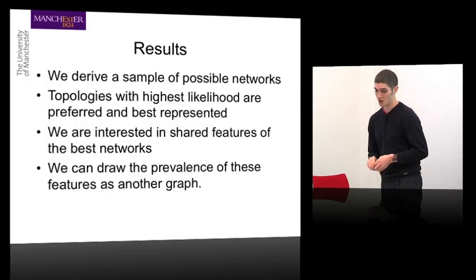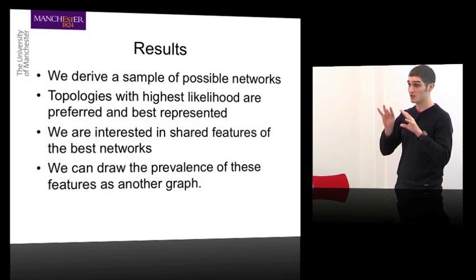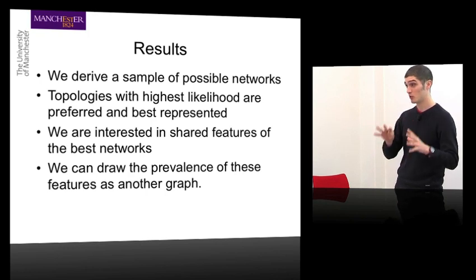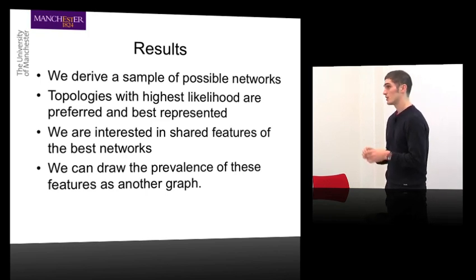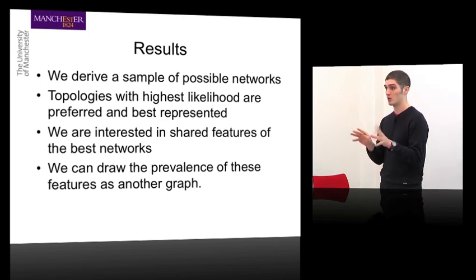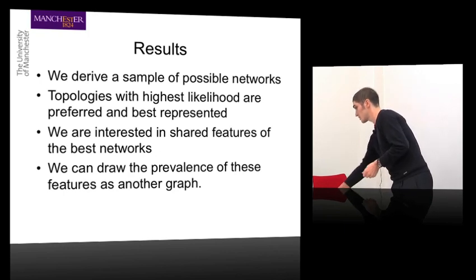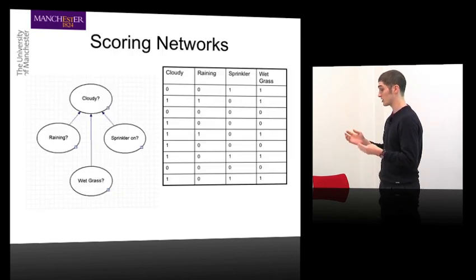Right, so what we have now is a sample of possible networks, which isn't that helpful to us at the moment. Within a Bayesian network, within a structure like this, we have arcs and vertices.